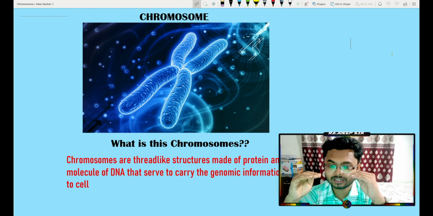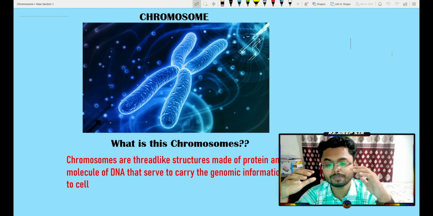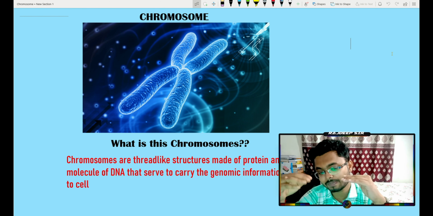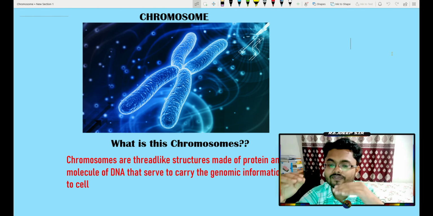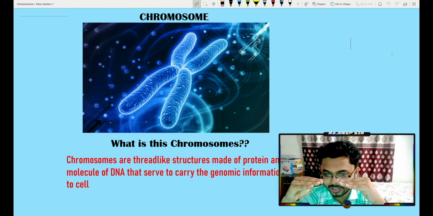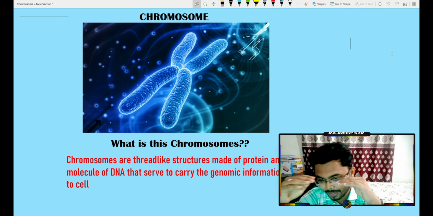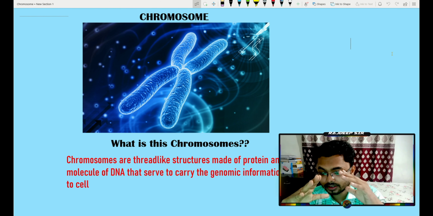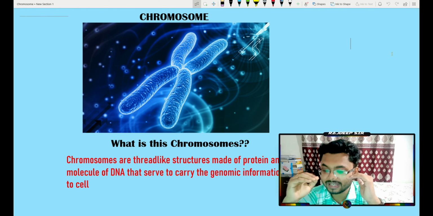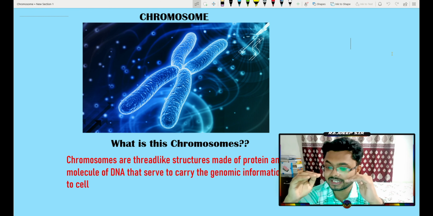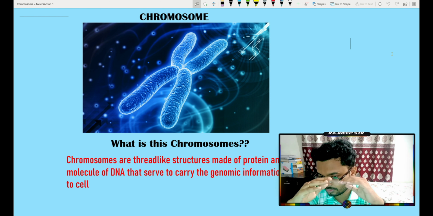We know that the characters of the parent generation are passed to the daughter generation. In fact, the characters from one generation of an organism pass on to the next generation of that same organism. So these chromosomes are the main reason that carry these genetic characters from one generation to the next.